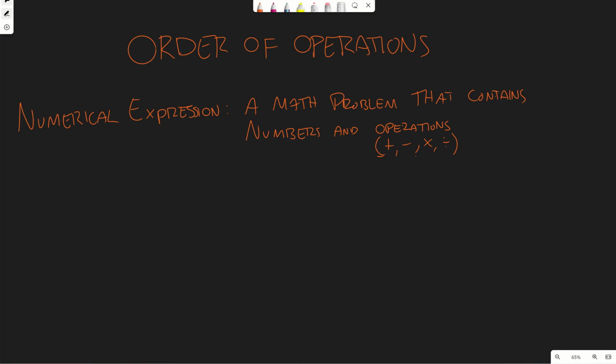And there are certain rules that need to be followed in order to make sure we're solving math problems correctly. And those rules are called the order of operations.